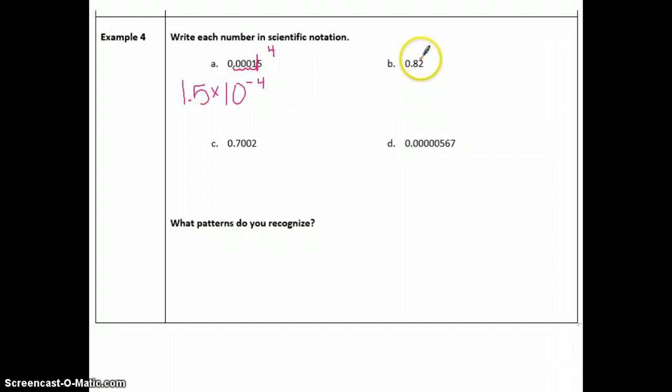Okay. Again, I only want one number in front of the decimal point. So my new number is 8.2. I need to move my decimal point one spot to get there. So this will be times 10 to the, it's a small number, less than 1, so we're going to use a negative exponent, negative 1.